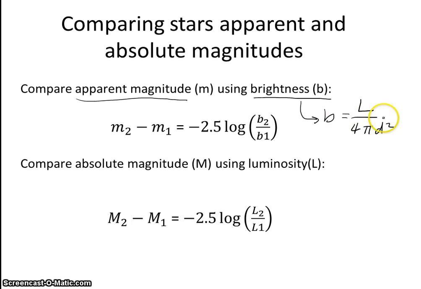So brightness takes into account the distances they're apart, so we can compare apparent magnitudes using this. If we wanted to compare luminosities, we have to use absolute magnitudes, because luminosity doesn't take into account the distance. Okay, so that's it.